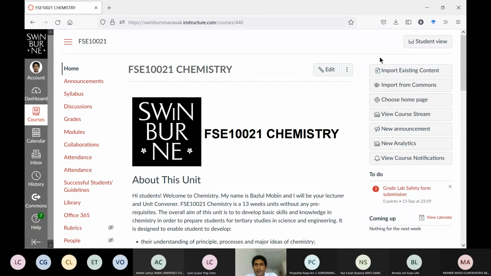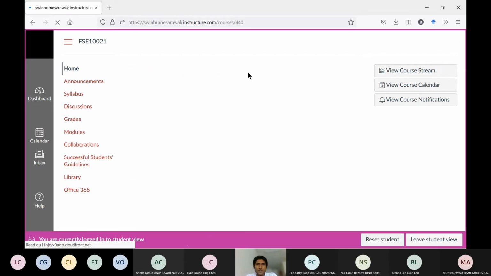Let me know if you can see it. All right, so this is the Canvas site, and the layout is very different from what you see, because this is for the lecturers, not the student view. I'm going to the student view, so probably it will be much more familiar to you.